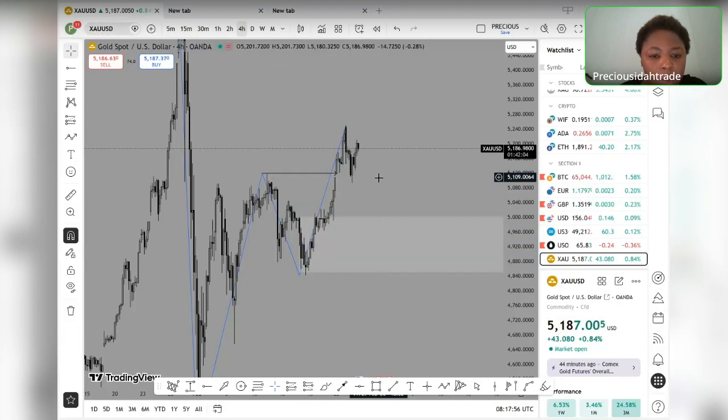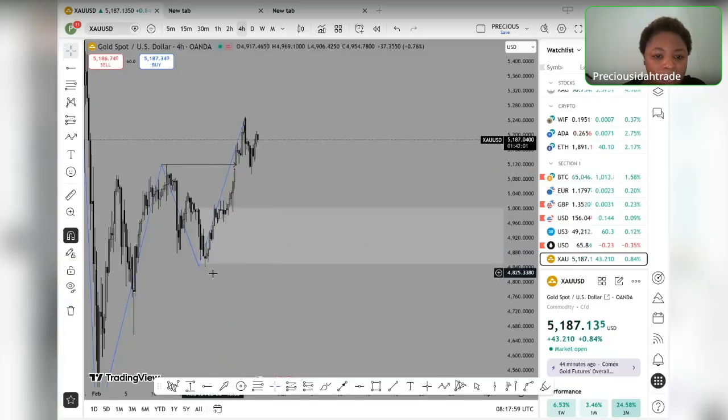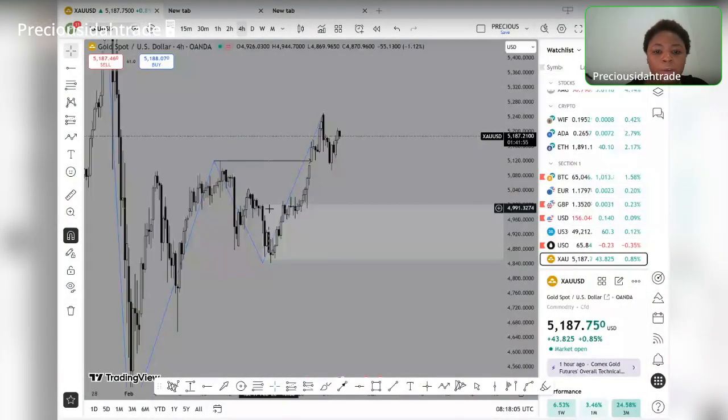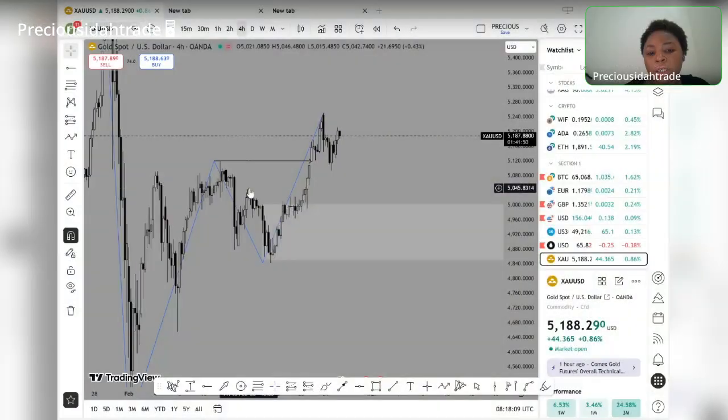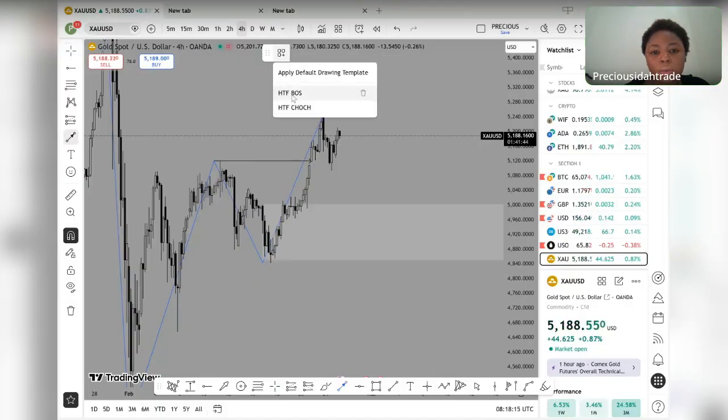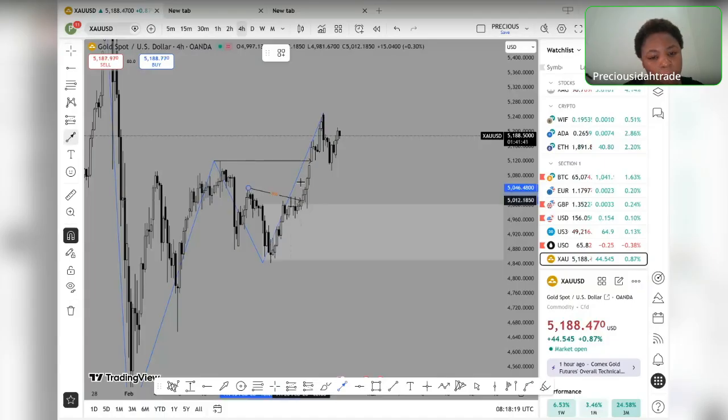So our order block has to align with the daily demand zone here. You can see even here we have an internal break of structure to the upside. So you can see the alignment between the daily and the 4 hours.